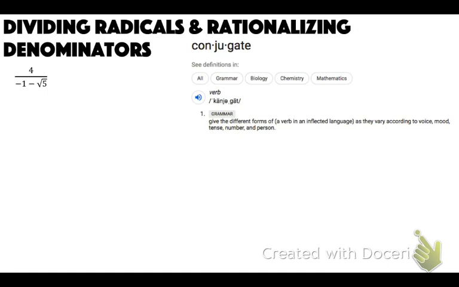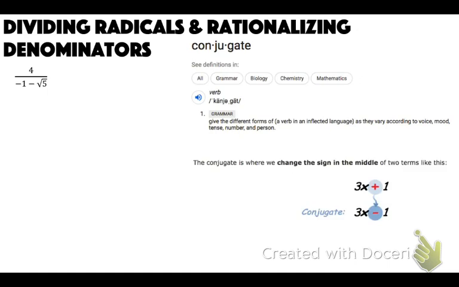So we're changing something here. Okay, so the conjugate of these in math is you change the middle sign. Okay, you don't change the first sign, you always change the middle sign. So the conjugate of -1 minus square root of 3 is -1 plus square root of 5. I said square root of 3, but I meant square root of 5. That's what I'm going to multiply to top and bottom.